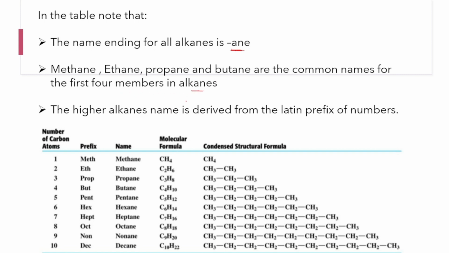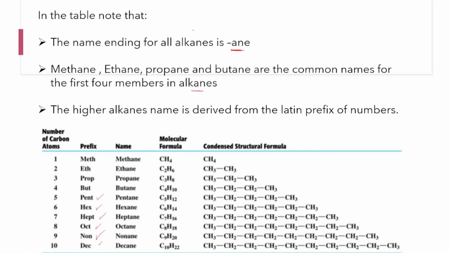After butane, the names of alkanes are derived from Latin prefixes of numbers, starting from pentane, alkane with 5 carbons, hexane 6 carbons, heptane 7 carbons, octane 8 carbons, nonane 9 carbons, decane 10 carbons, and so on.